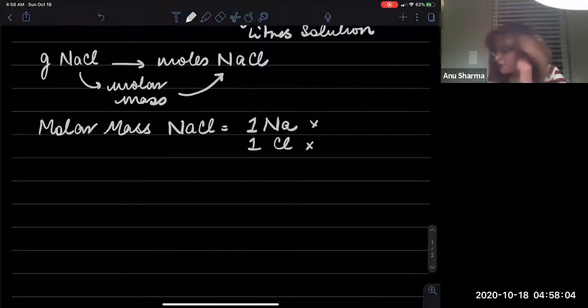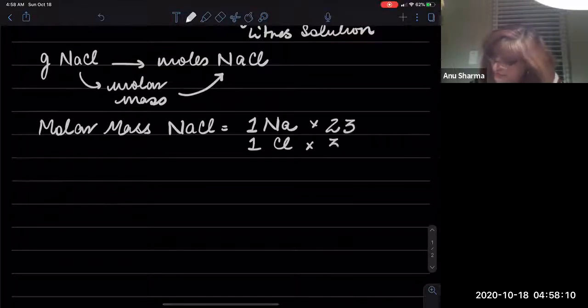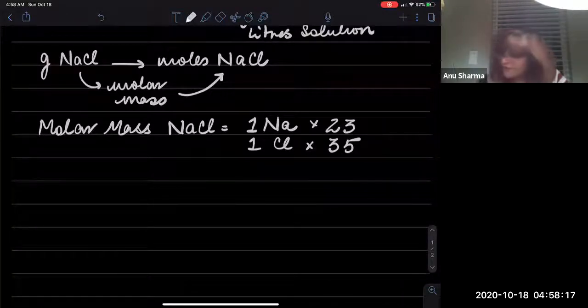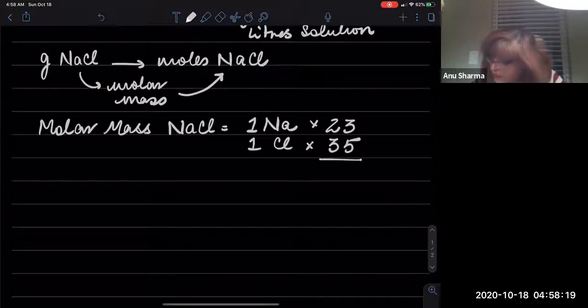Sodium is 23 and chlorine is 35. When you add the two together, you get 58, all rounded up. So this is 58 grams per mole of NaCl.